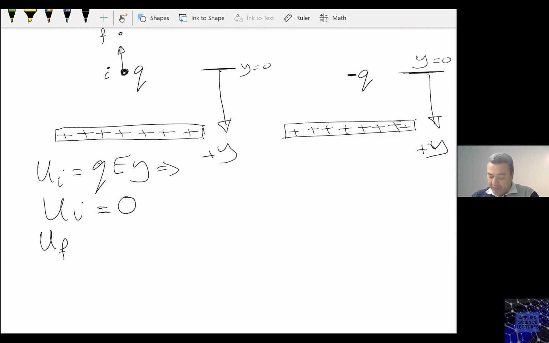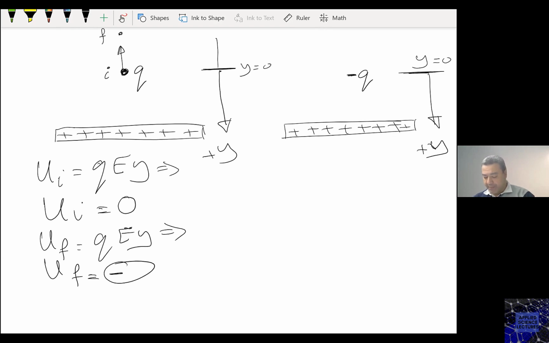However, UF is QEY, and in this case, this is my reference, I will be reading a negative value here, so this is going to be a negative value. So definitely UI is greater than UF. Now here, same thing. Don't forget now that the electric field is pointing in this direction.